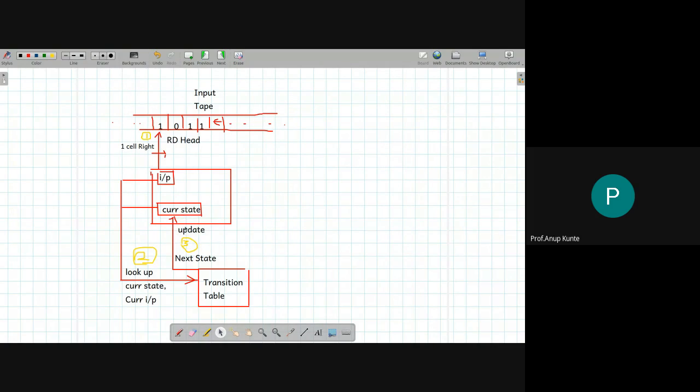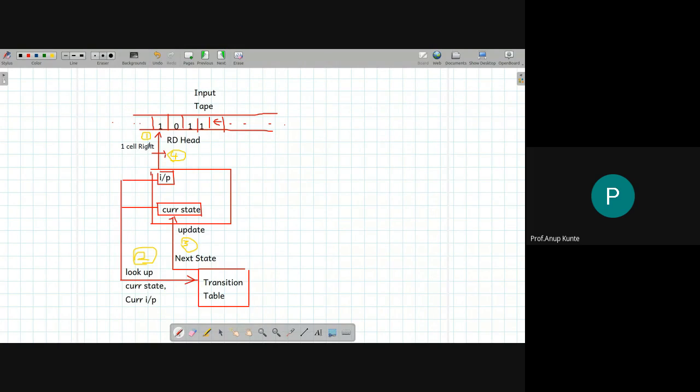The fourth operation is the movement of one cell to the right. So these are the four operations the device performs in a loop.